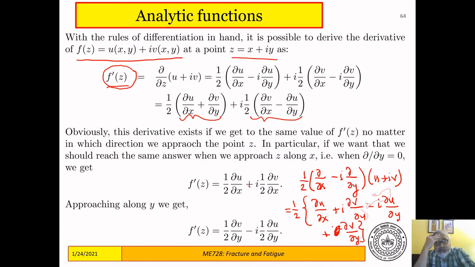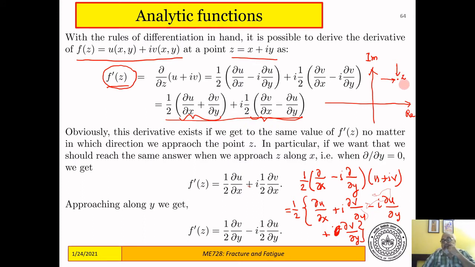If f'(z) has to exist, then no matter which way we approach the point, so here is my imaginary axis, there is my real axis, and here is z, where I want to see if f'(z) exists, then no matter which way I approach z, I should get the same answer from this operation. In particular, if I approach from this direction or I approach from this direction, I should get the same answer.